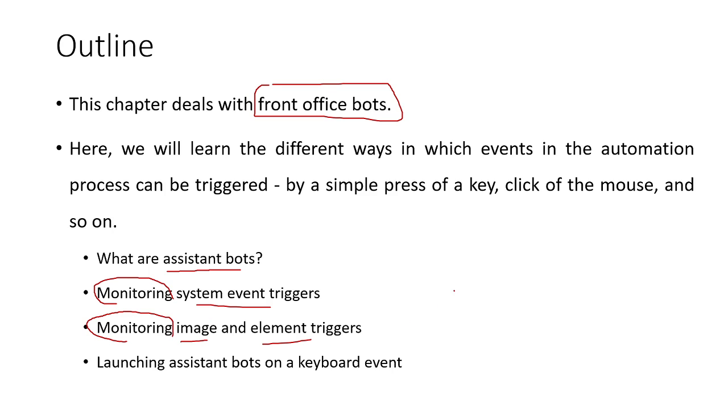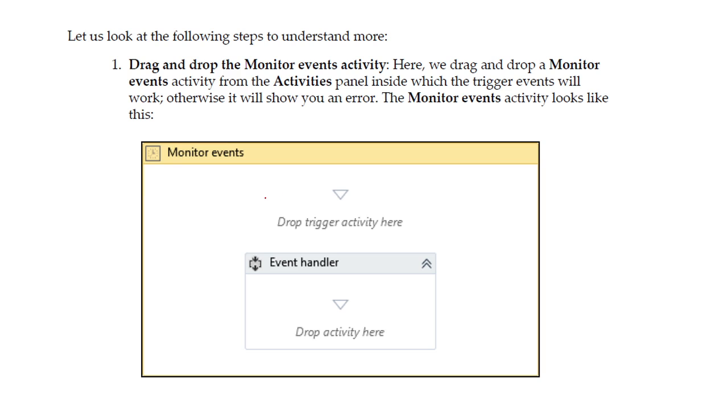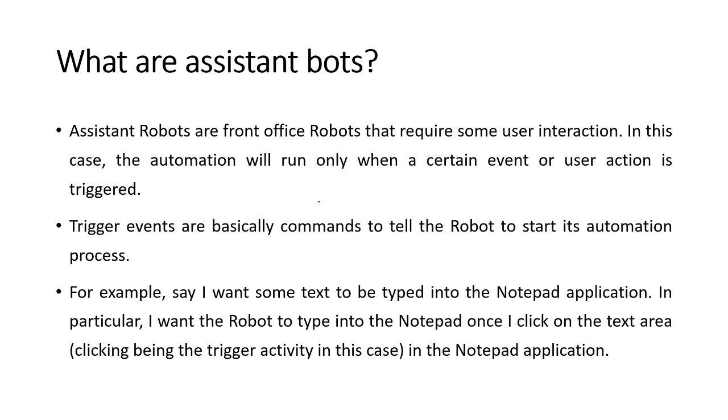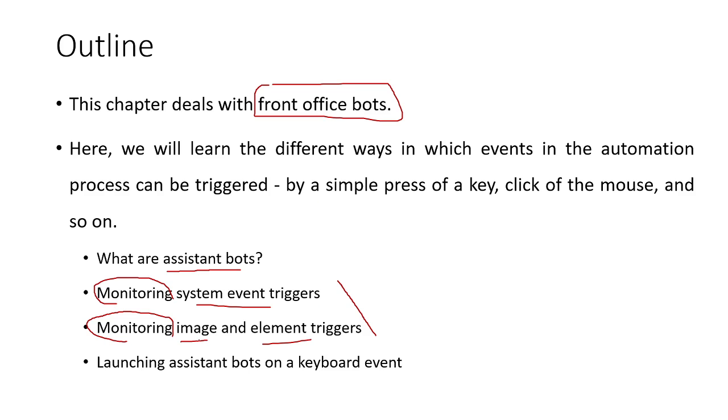Remember, whenever you want to monitor user events, whether system events or image or element events, you should add the monitor events activity to the designer panel, in order to monitor either system event triggers or image and element triggers.